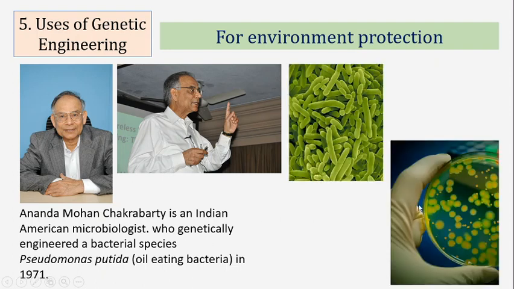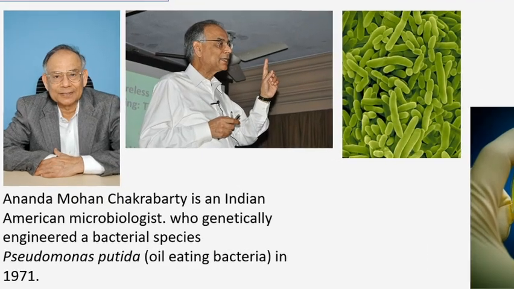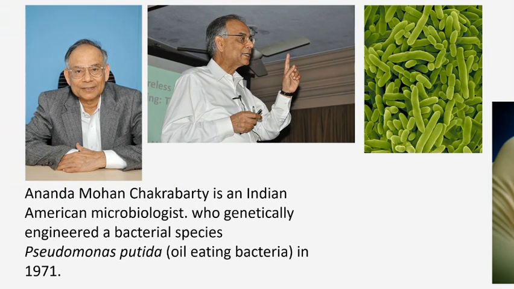There is a bacteria strain, and what he did was genetically modify a Pseudomonas bacteria strain and name it Pseudomonas putida, which has an excellent capacity to degrade oil floating on water or soil surface, because this bacteria has a unique capability to degrade oil or complex hydrocarbon materials, and they get energy by degrading them and can multiply in this condition, while other bacteria don't have such a property.